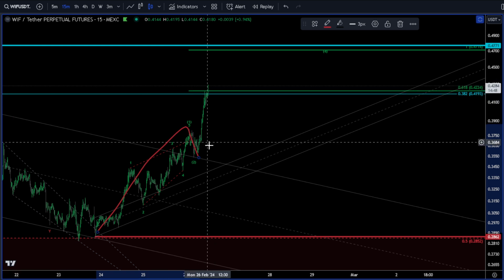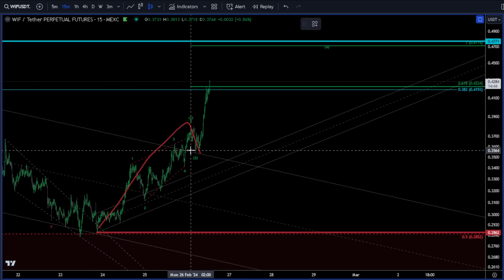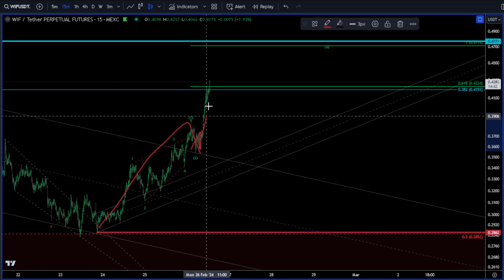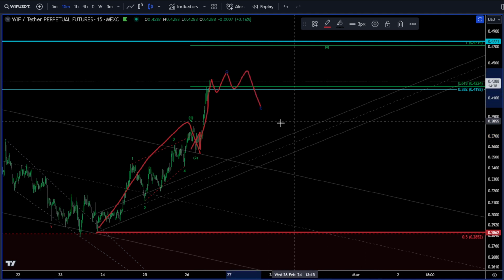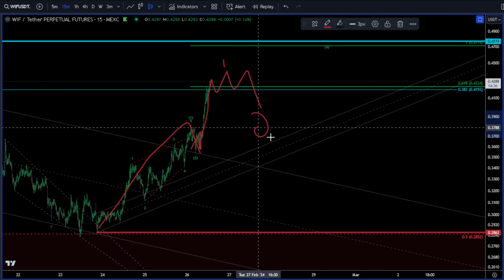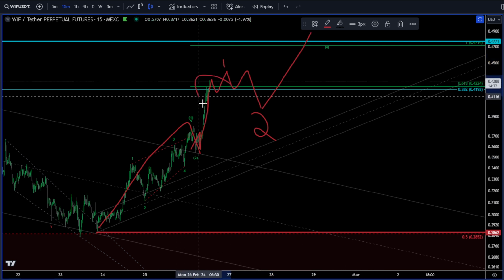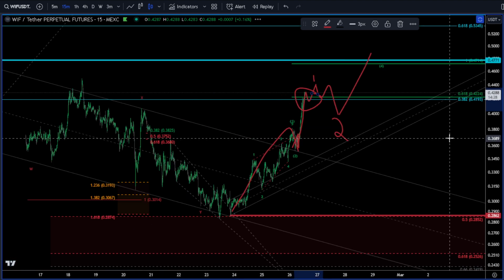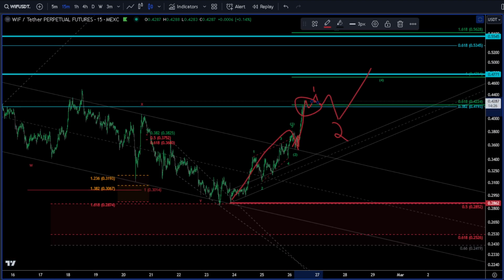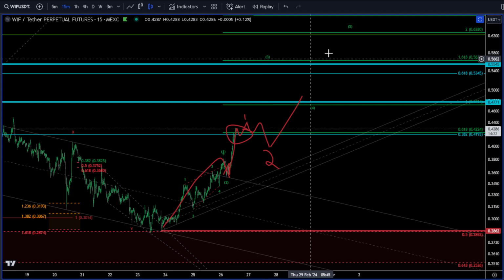Okay, so expecting this, you can see we have 1, 1, 2, looks like 3, 4, 5, expecting a correction here for another 1, 2. And then we go up for our 3rd. We're at the 618 extension, that's where I look, usually at the 618, and then we come up to the area between the 1.236 and 382 for our 3rd of this 3rd.